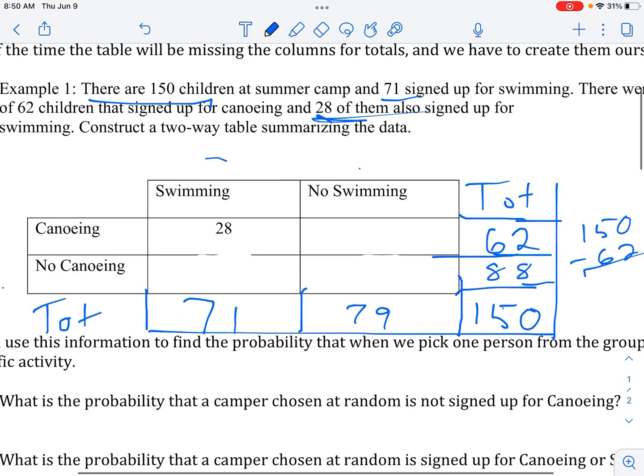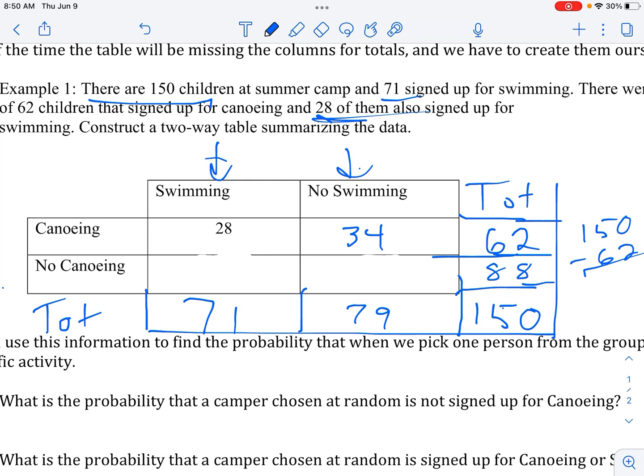Now I'm going to do this more on a category basis. So I know I have 62 total canoeing people. I am going to subtract 28 from 62. That's going to give me 34 that canoe but don't swim. And then a little bit more subtraction over here. I have 28 out of my 71 that are swimmers but also canoers.